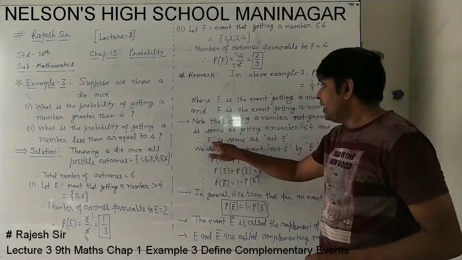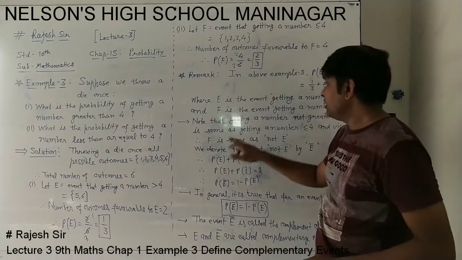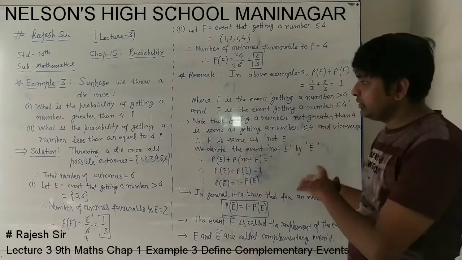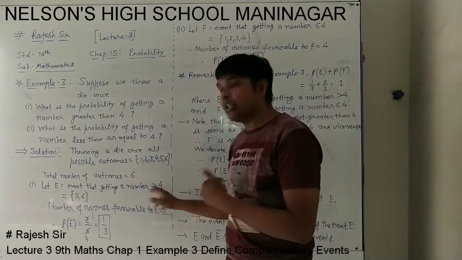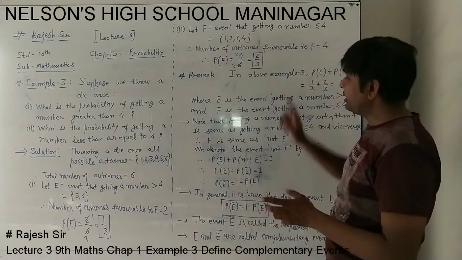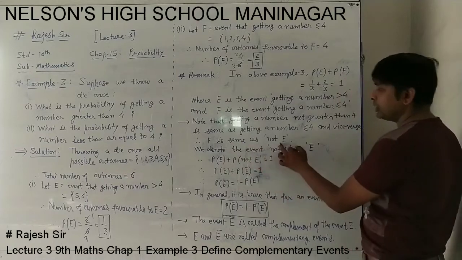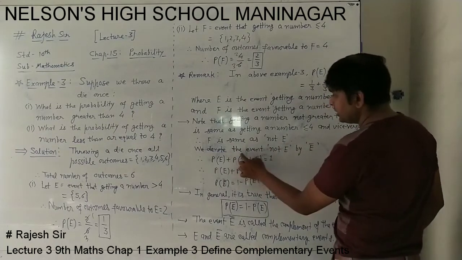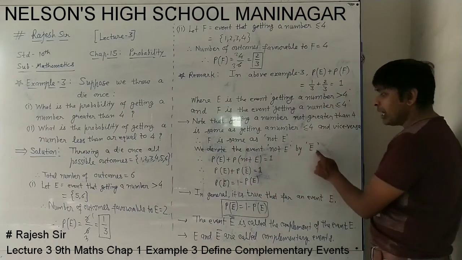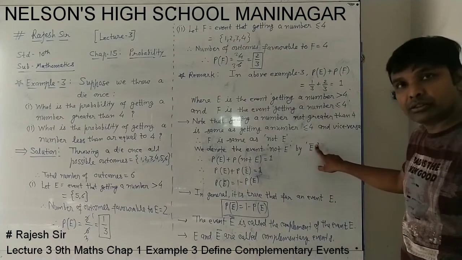Therefore, we can write that the event F is the same as not E. Not greater than 4 and F are the same. F is the same as not E. We denote the event not E by E bar. These are the notations.